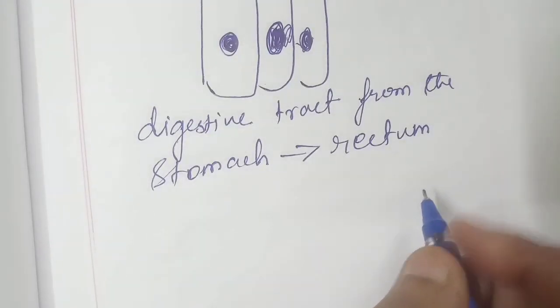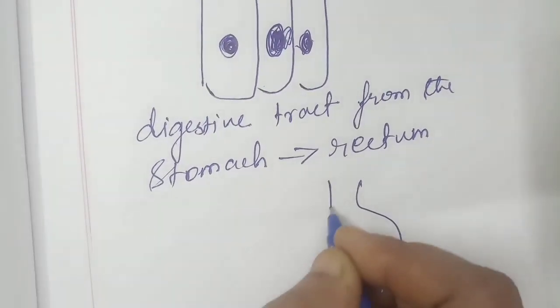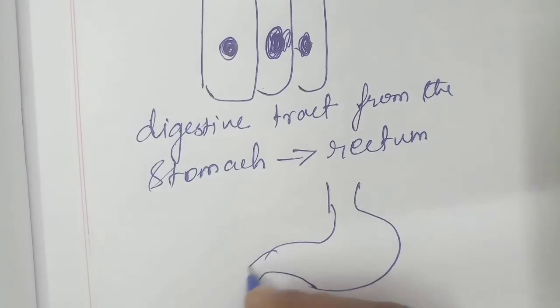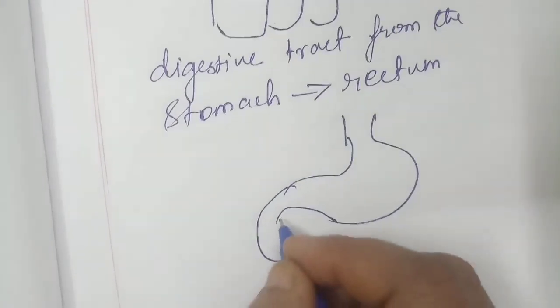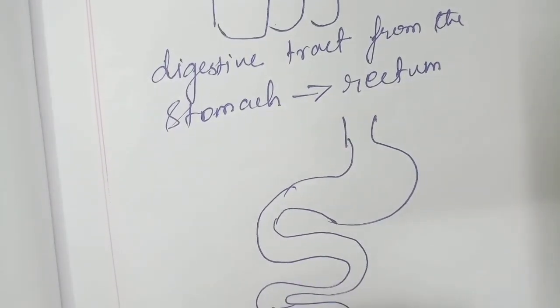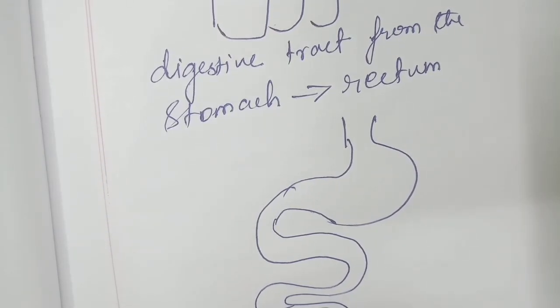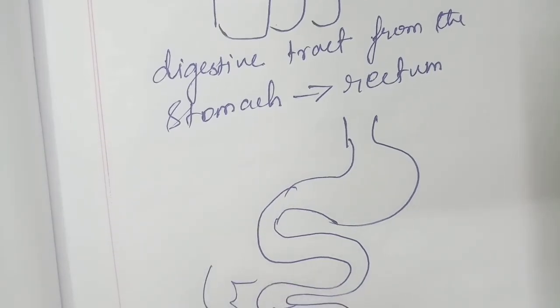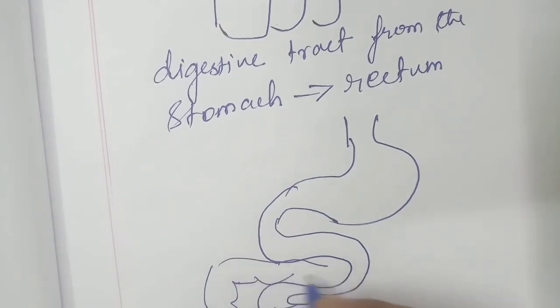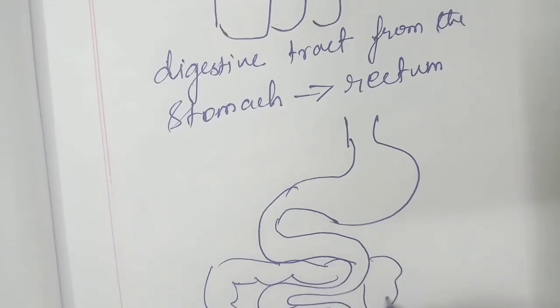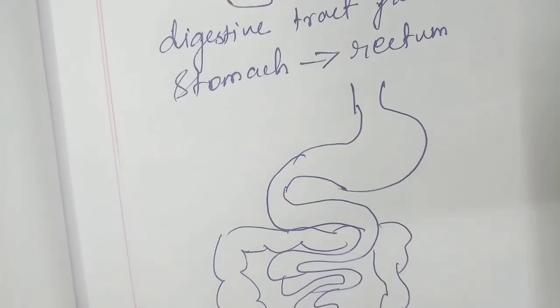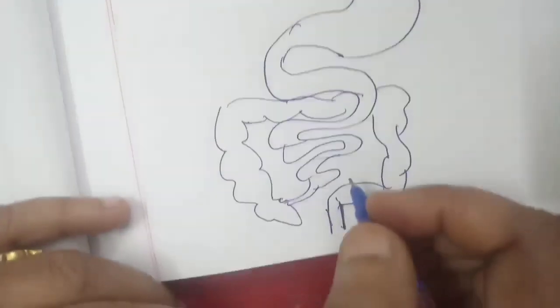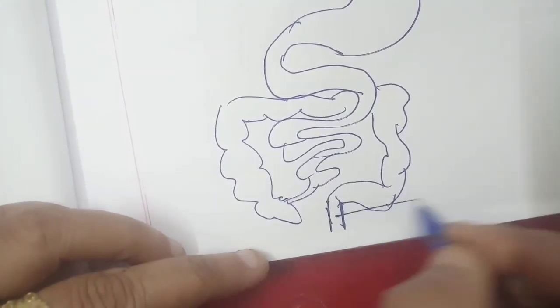So you see here from the stomach, this is the intestine and this intestine joined with the small intestine, this is the small intestine and this will be joined with the large intestine here, and this part is called the rectum.